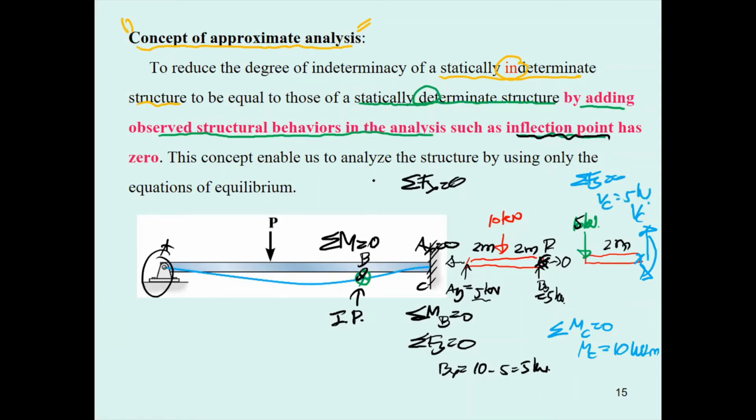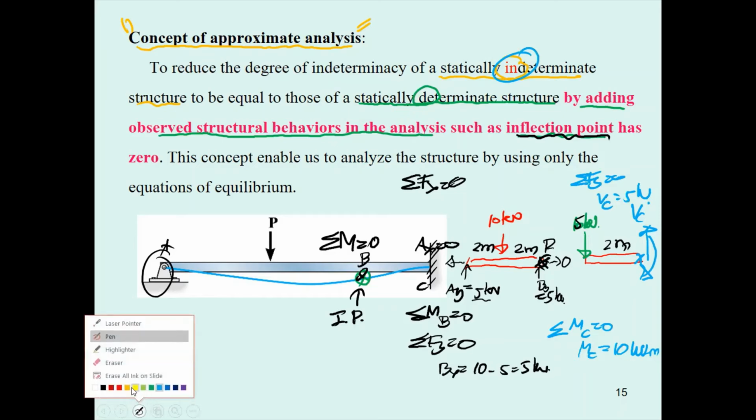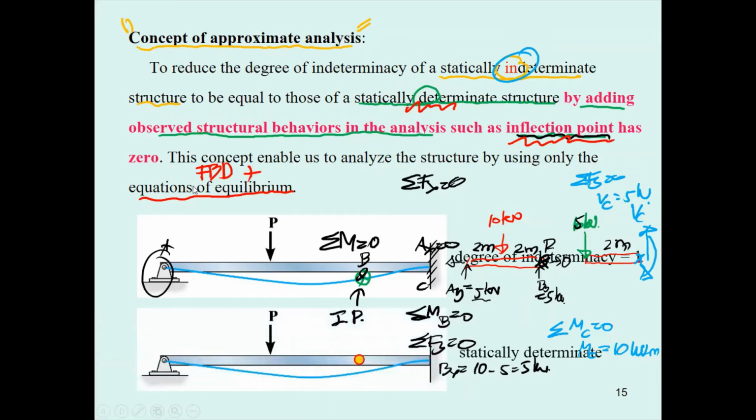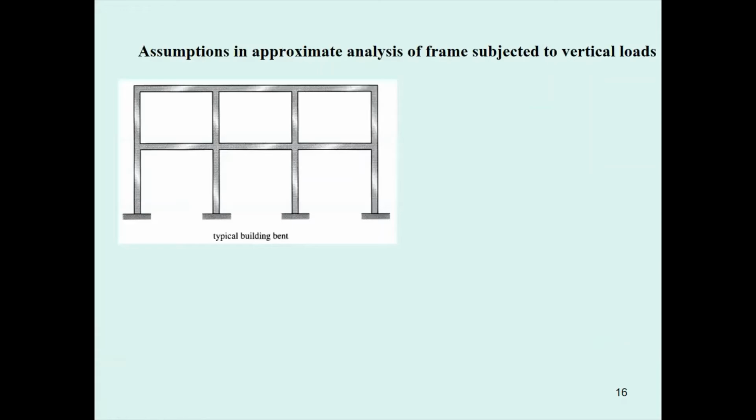So this is the analysis in which you change the statically indeterminate structure like this into the statically determinate by using the concept of inflection point. Okay, and then you can use the so-called free body diagram and equation of equilibrium to solve for this type of structure. Okay, and let's move to another one.